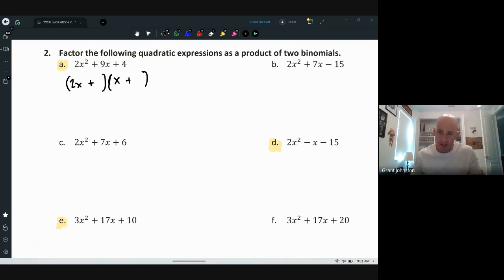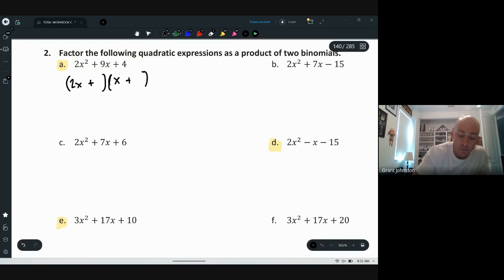But the question is, it does kind of matter where I put the 4 in the first parentheses and the 1 in the second, or should I put the 1 in the first parentheses and the 4 in the second parentheses? You got to kind of figure that out. And the more you do this, the better you'll get. But let me show you the wrong answer first. Don't write this yet. Let's say I put the 4 here and the 1 here.